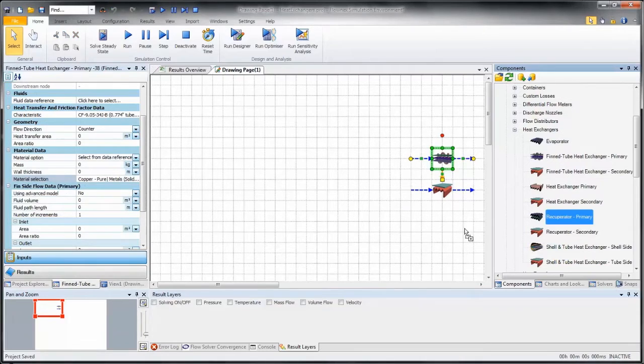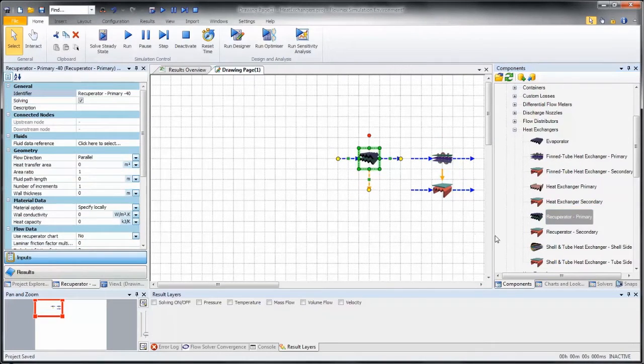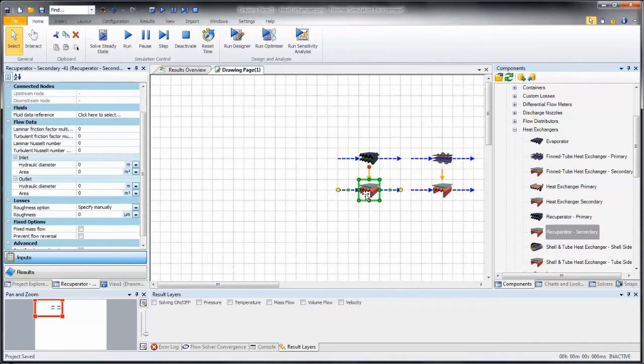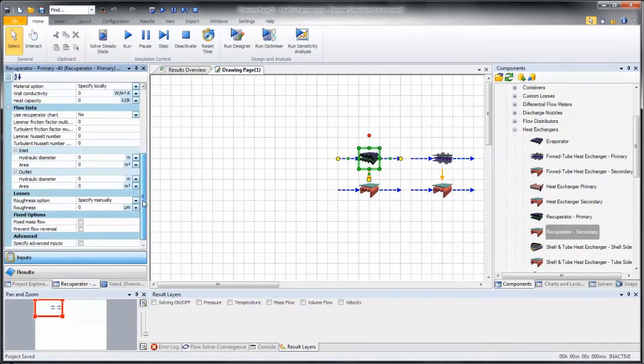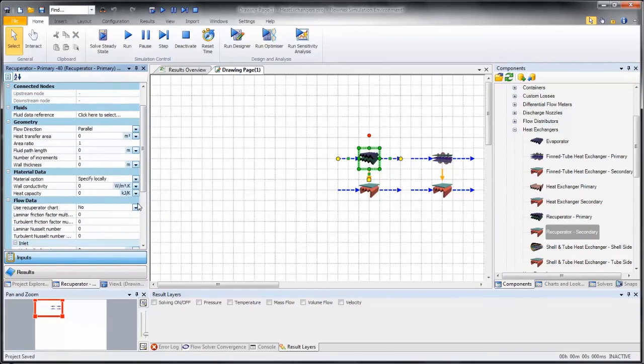The recuperator is my favorite when it comes to detailed heat exchanger modeling. For all weird and intricate kind of tube layouts, like a shell and coil or printed circuit heat exchanger, this one has similar inputs to the fin tube one. But here I have the option not to specify a chart, but rather conveniently adapt the pressure loss and heat transfer correlations obtained from the design specification or literature.